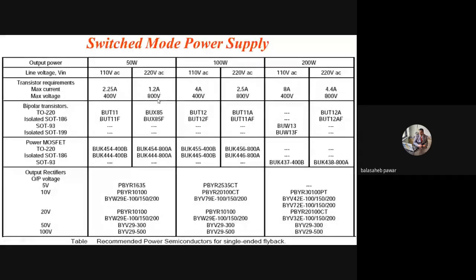Correct. According to these requirements, the manufacturer mentions the transistor also: a transistor in TO-220 package form as BUX85, or you can go for BUX85F. Okay. Then if you want to use a MOSFET, then that number is also provided here. So you have to prefer these transistors.